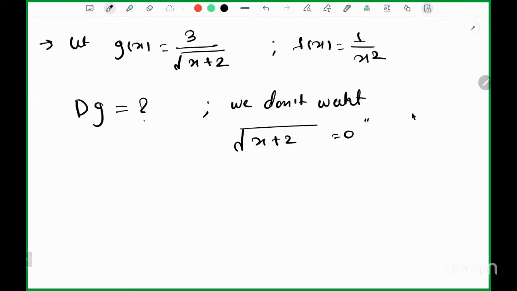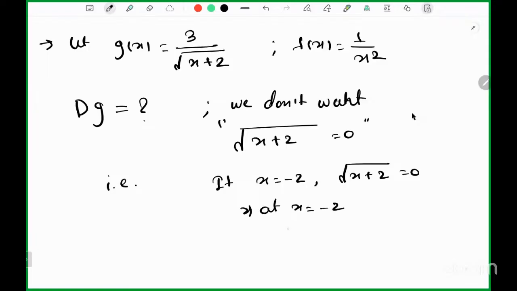So if you take x equal to -2, the square root of x plus 2 will become 0. So at x equal to -2, this function g of x is not defined, because the denominator becomes 0. So obviously we have to remove the point x equal to -2.